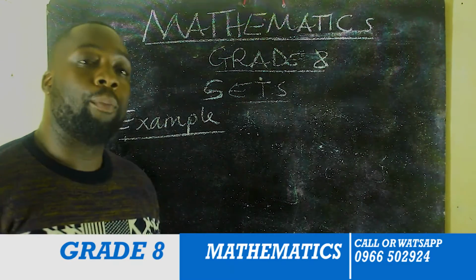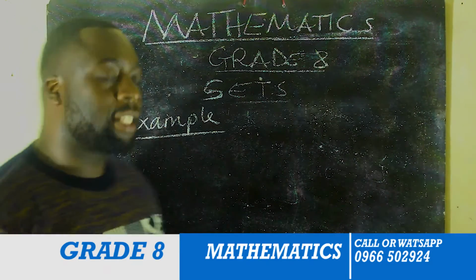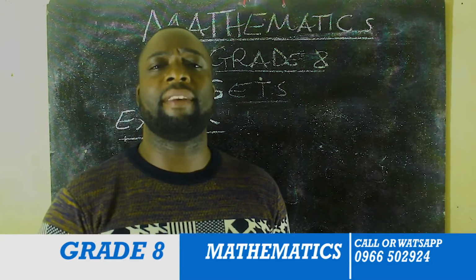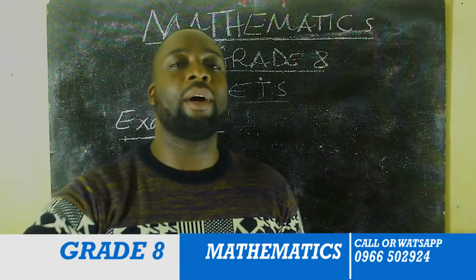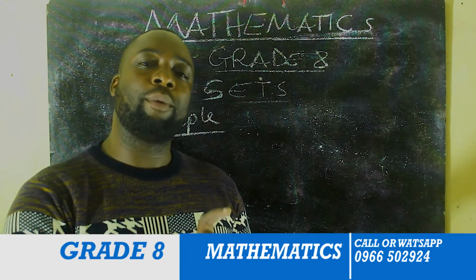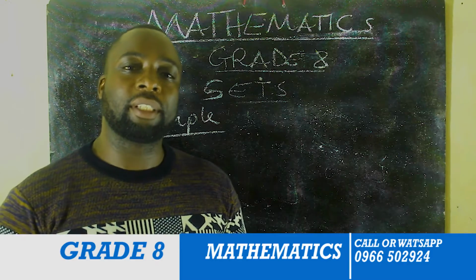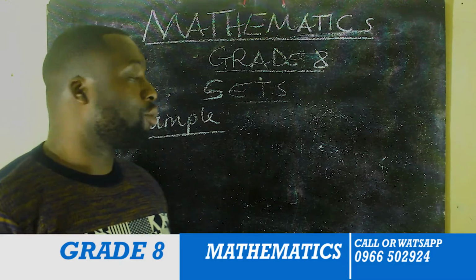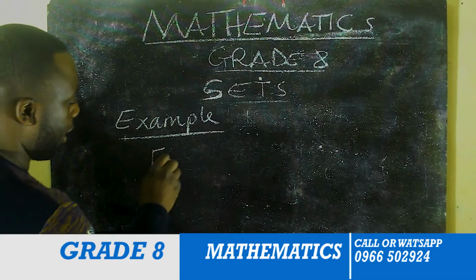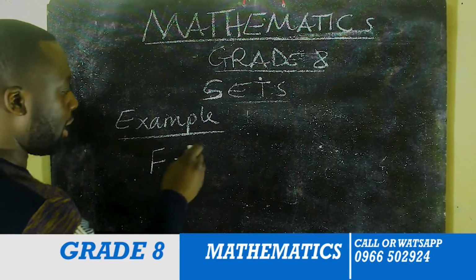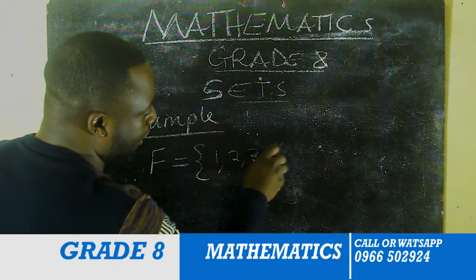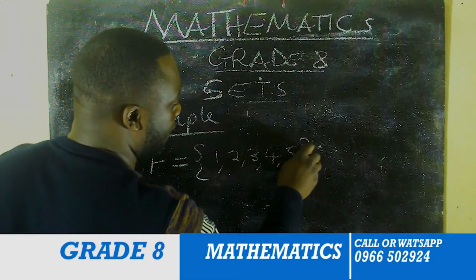Let us list the first 5 natural numbers. As you are naming a set, the letter should be able to describe what you're talking about. For the first natural numbers, we can say F for first. Then we say F = {1, 2, 3, 4, 5}.